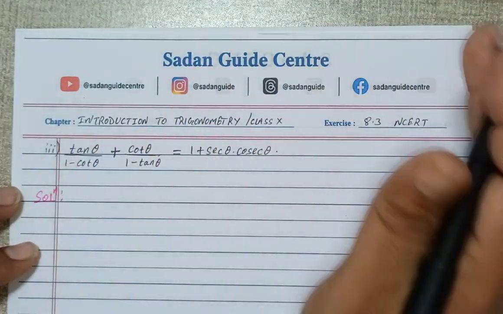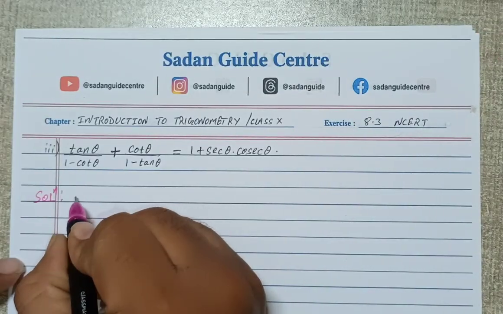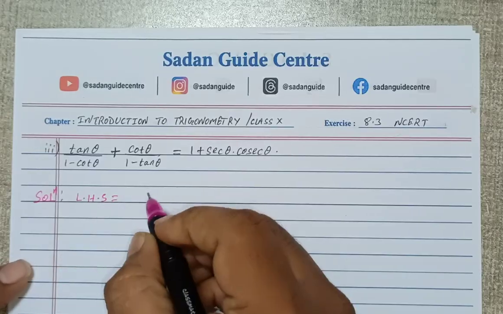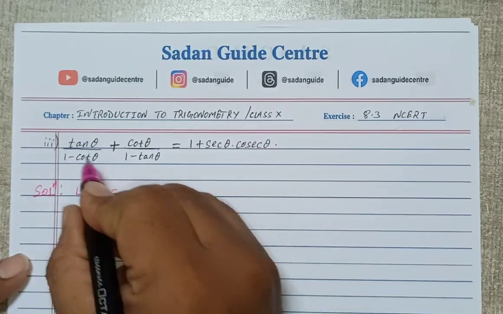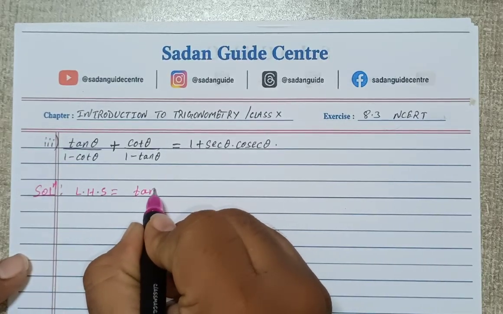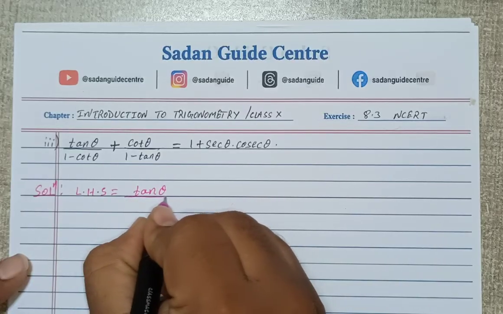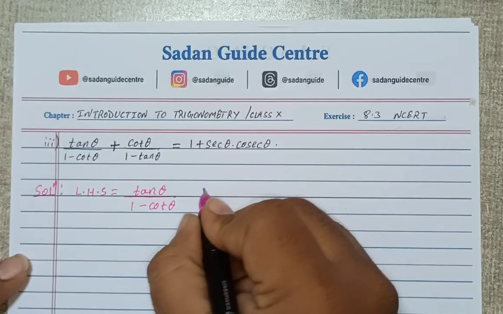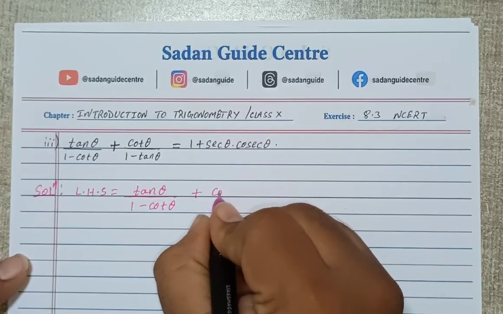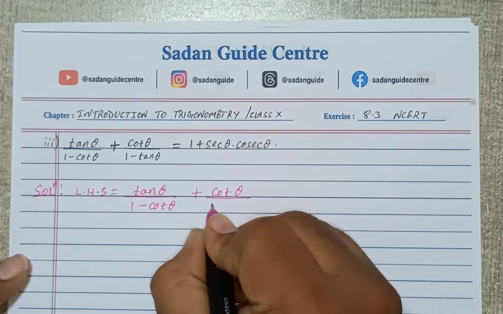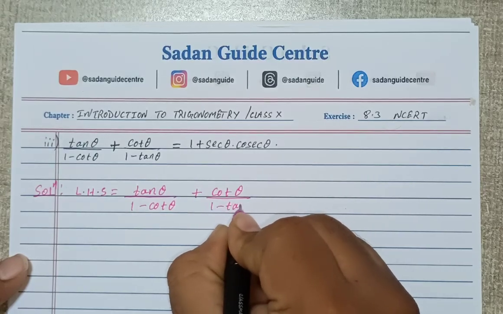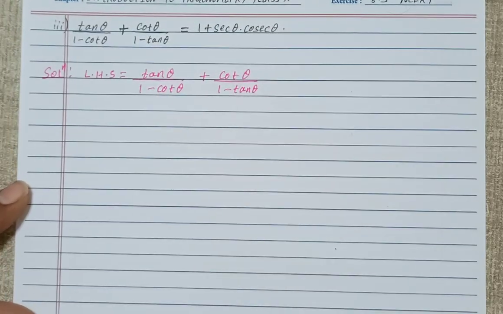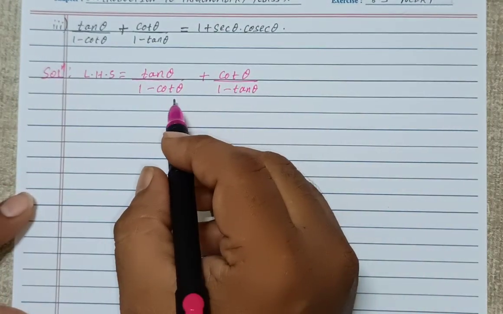Now again we will take the LHS. LHS is equal to tan theta divided by 1 minus cot theta, plus cot theta divided by 1 minus tan theta. Now we know what tan theta and cot theta are.